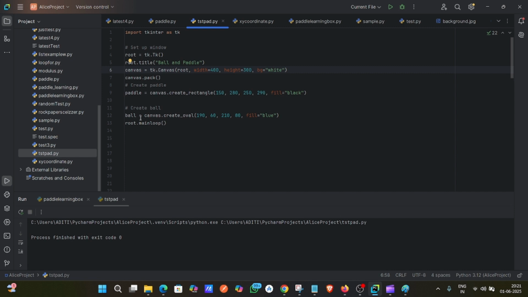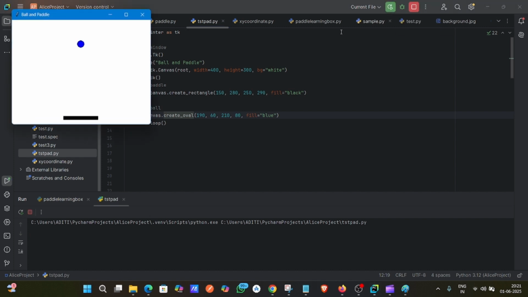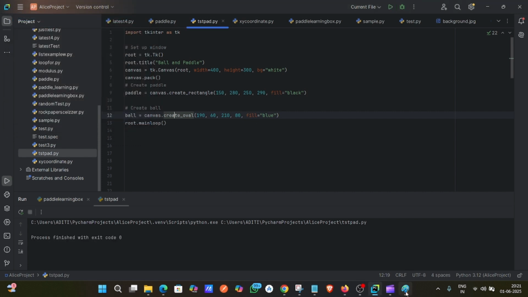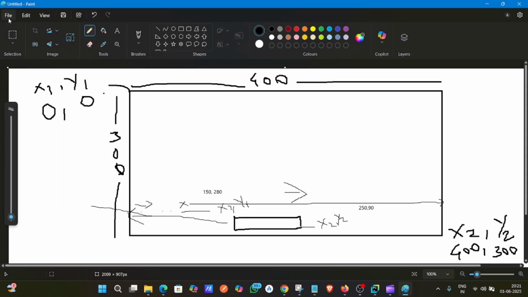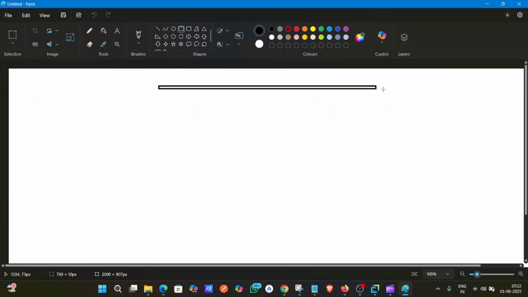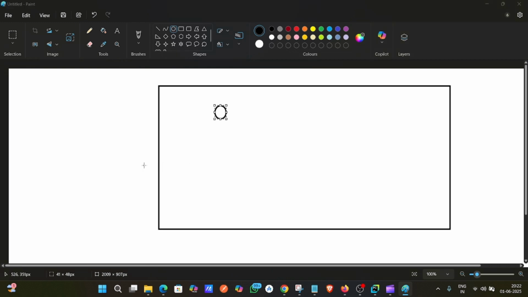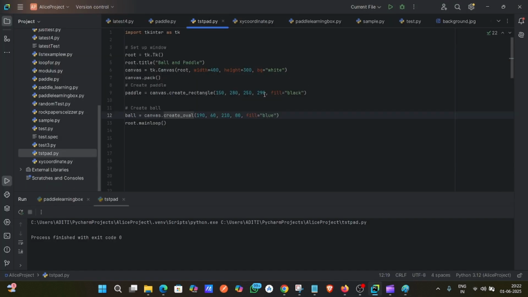And then this ball is also drawn on the canvas. For the paddle I'm using create rectangle, so a rectangle I'm drawing on the canvas, and for the ball I'm drawing an oval shape on the canvas. So this is visible. Now why these coordinates? Basically anything which is drawn on the canvas is in the form of a rectangle. So this was my canvas. I'm drawing a ball here. But as I mentioned, these coordinates here, 150, 280, 250, 290.